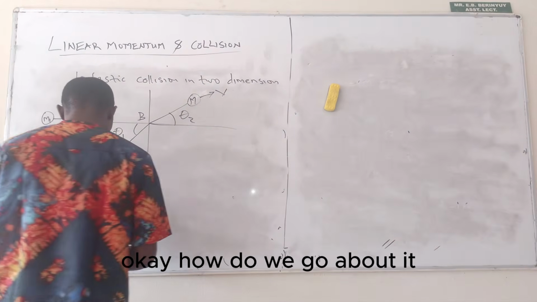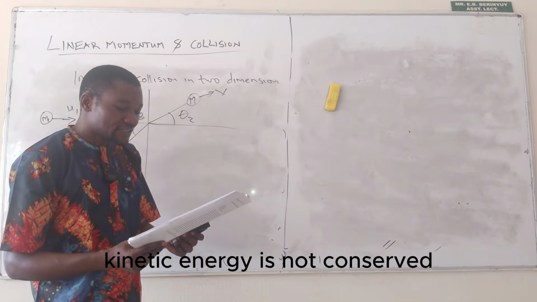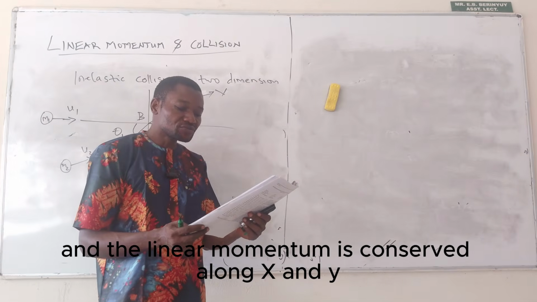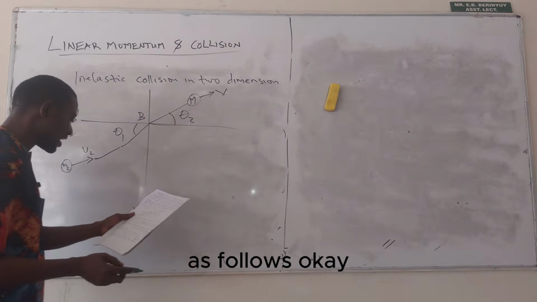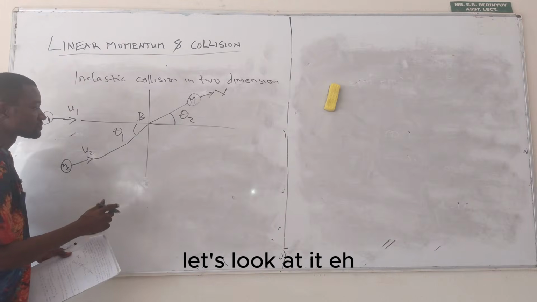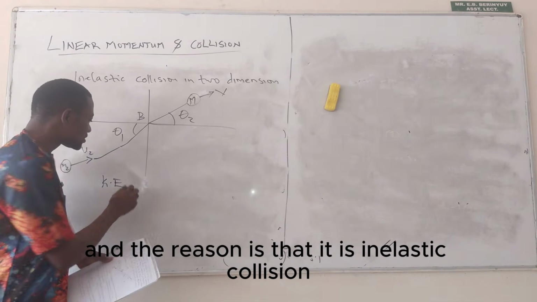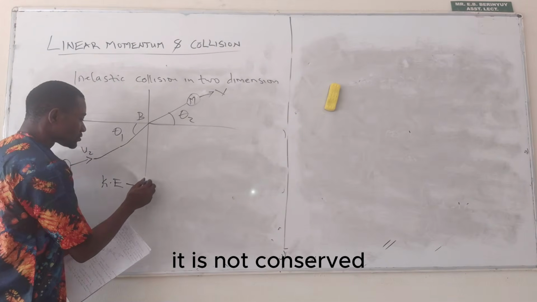Okay, how do we go about it? Since the collision is inelastic, kinetic energy is not conserved, and the linear momentum is conserved along x and y as follows. The kinetic energy is not conserved, and the reason is that it is inelastic collision.